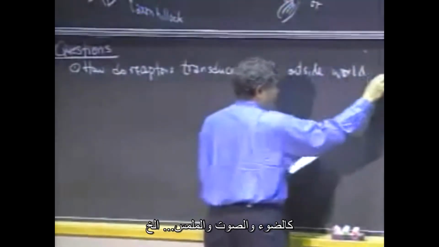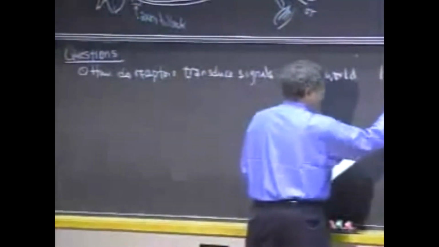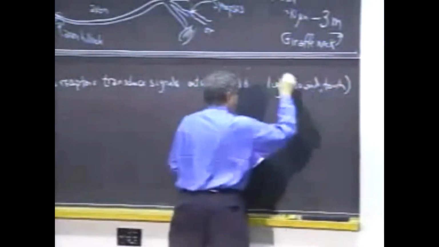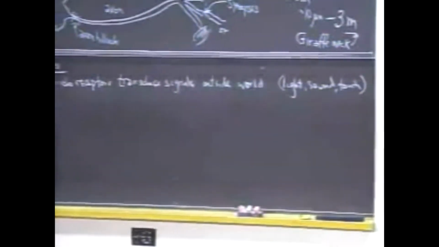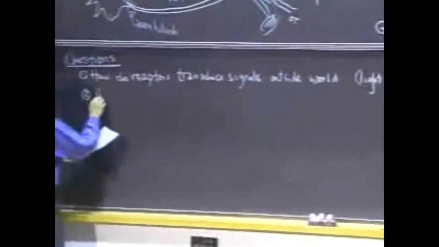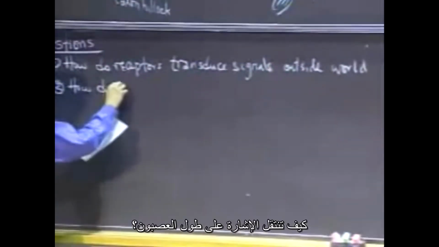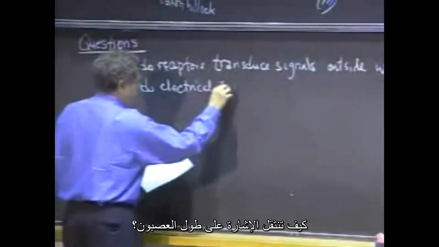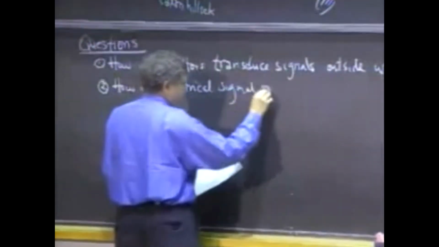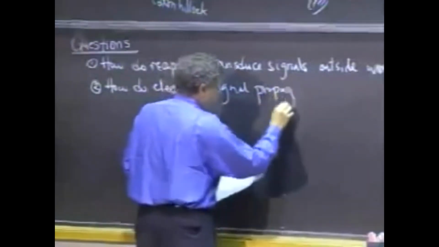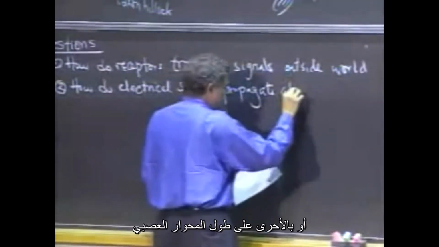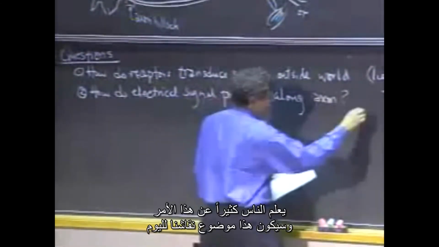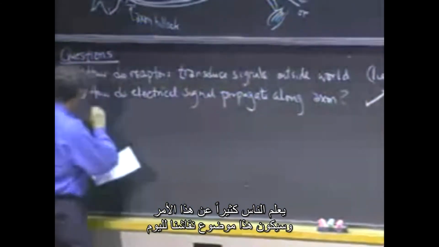Light, sound, touch, etc. That's a good question. People know a lot about it. How do electrical signals propagate along the neuron, along an axon? People know a lot about that one, and that's what we're going to discuss today.